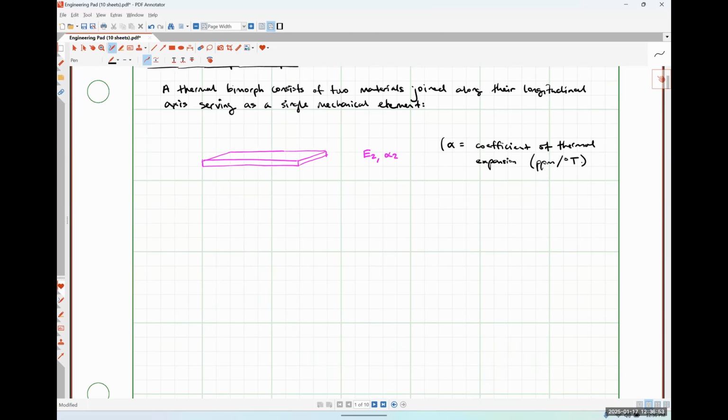So it's just a rate of change per unit temperature, where that unit might be whatever we need it to be for any given problem. Okay. And then this is going to just sit atop some second material. And so I'm going to try to draw that right here.